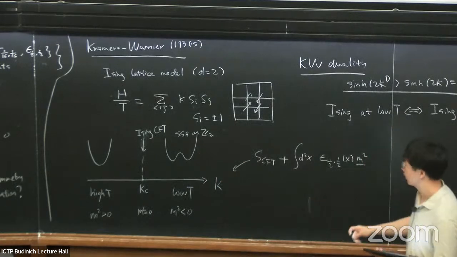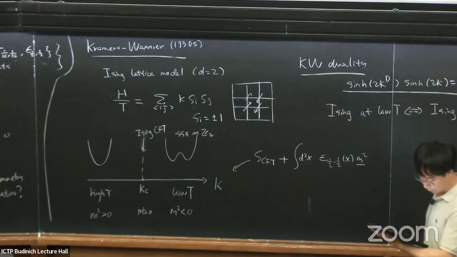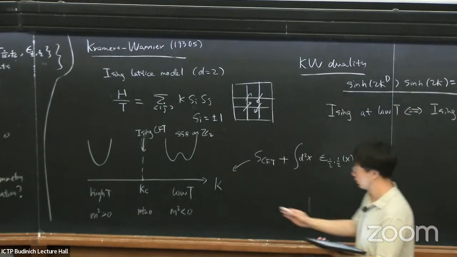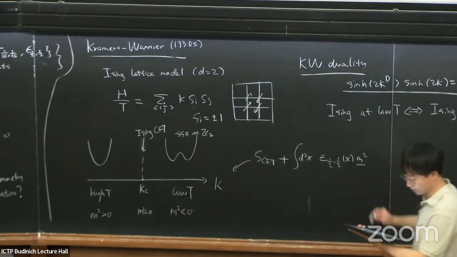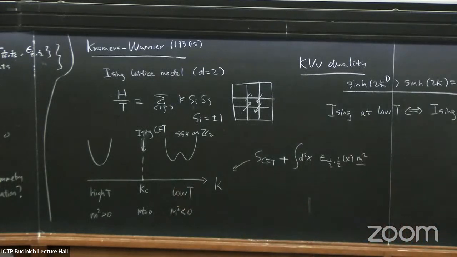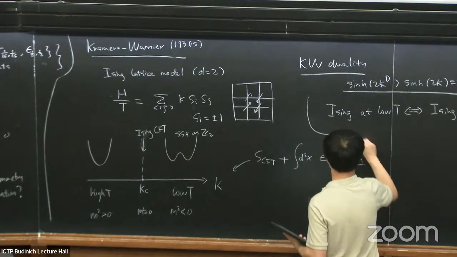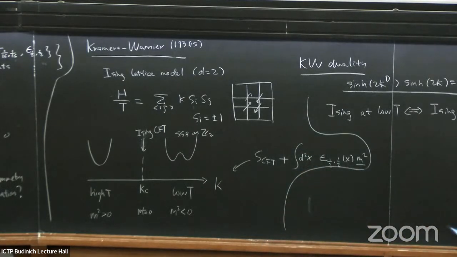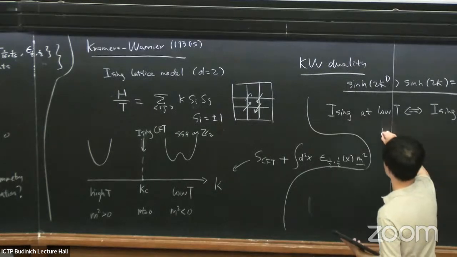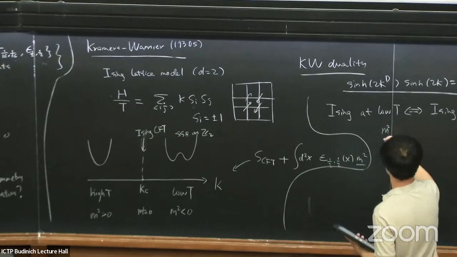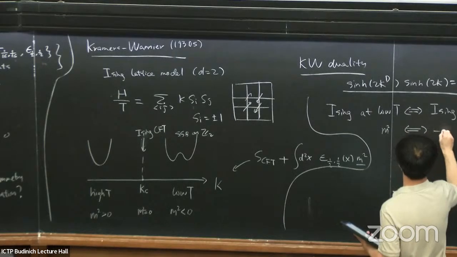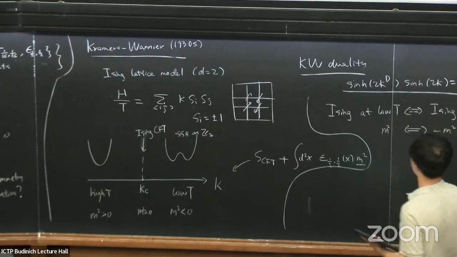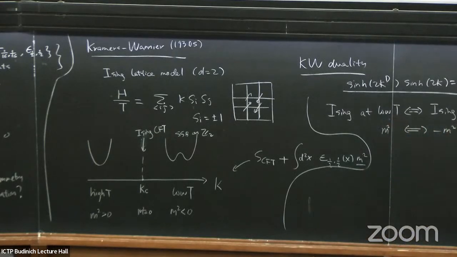You may have a different convention for your definition of the action, and these two phases could be flipped, but this is my definition. In any case, this duality can be written more explicitly as a transformation on these couplings, from m squared going to minus m squared, because it goes from low temperature to high temperature and vice versa.